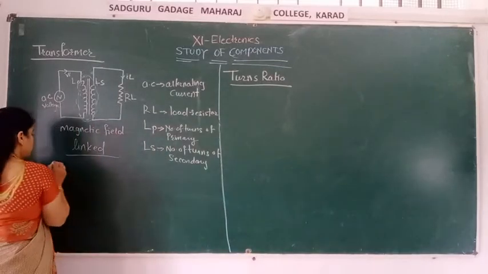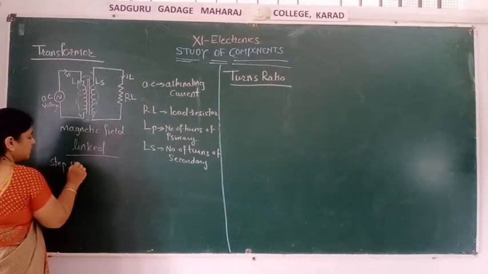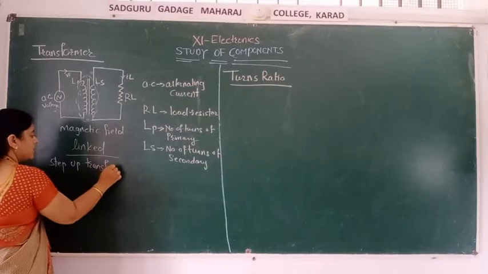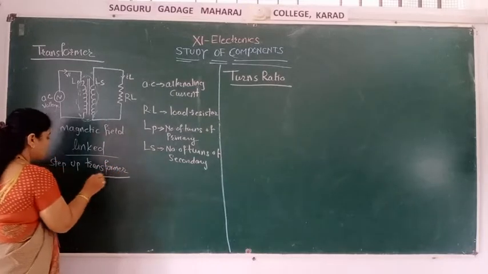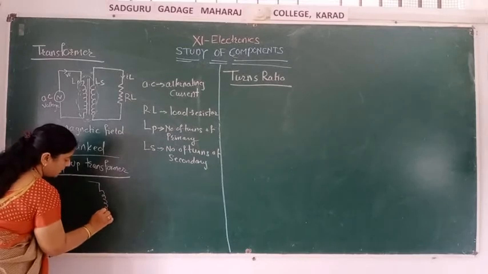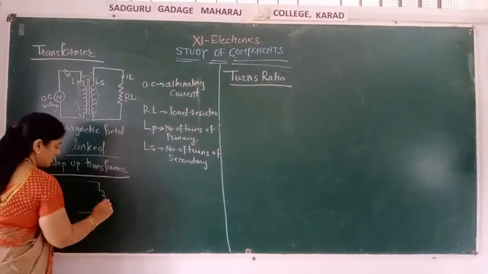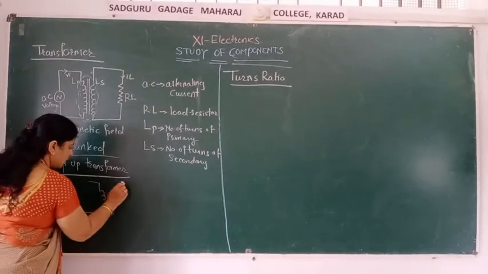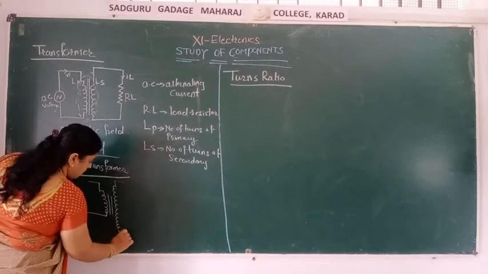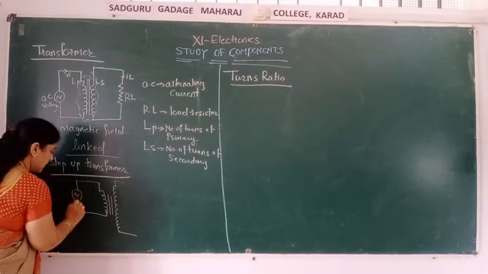The second type is the step up transformer. In the step up transformer, what happens? See this one. These are the number of turns of the primary, when the AC voltage is connected.